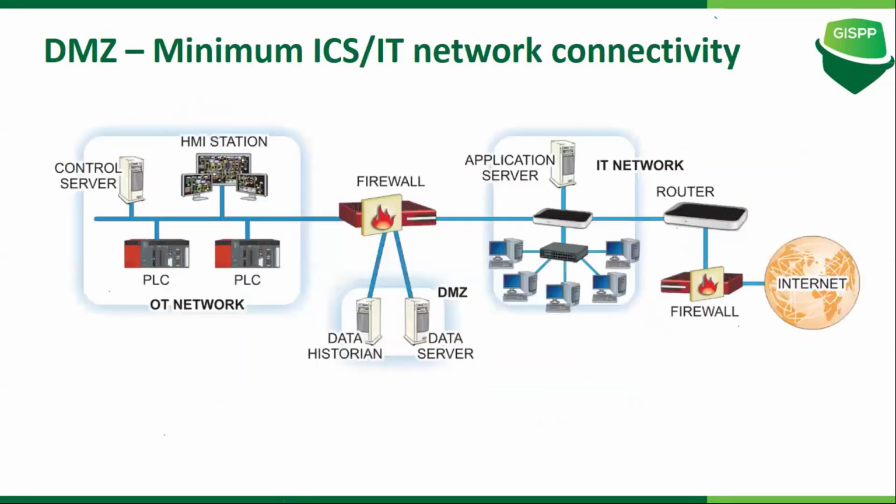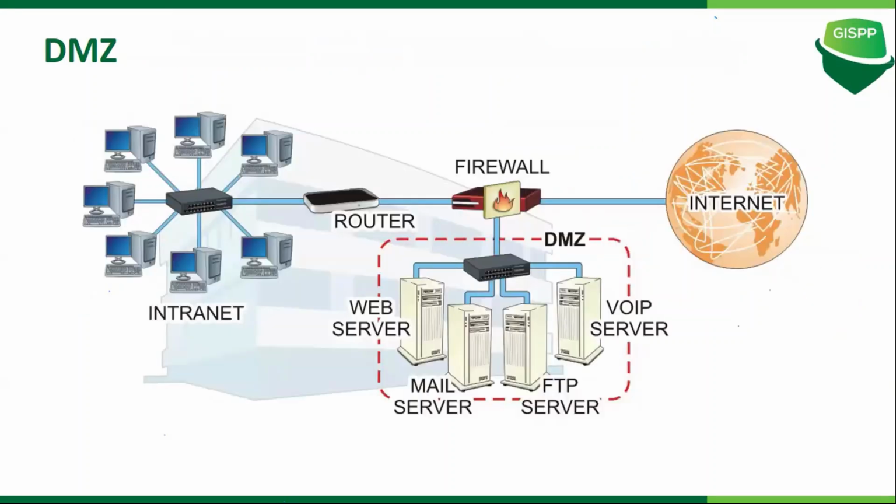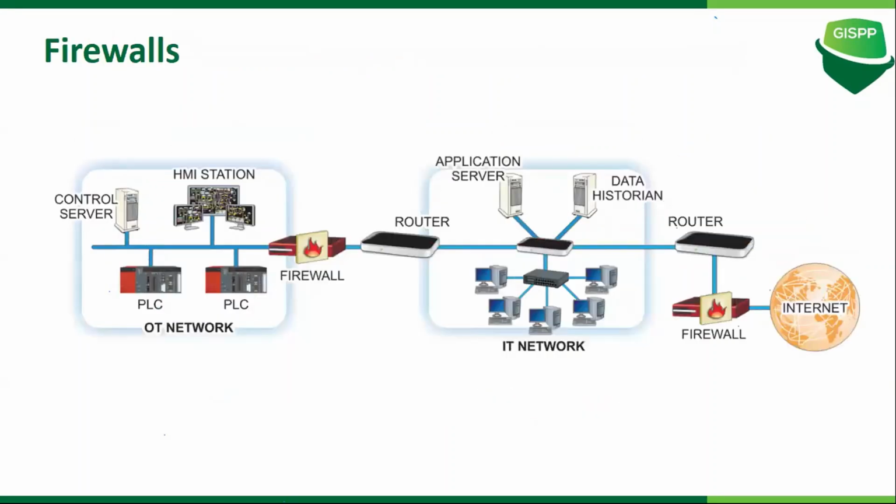Now we are bringing that DMZ into the normal IT OT environment as well. So from IT, if we have to go to OT, we have created what you can say is a DMZ. Now here you have seen the data historian was sitting inside the IT network.